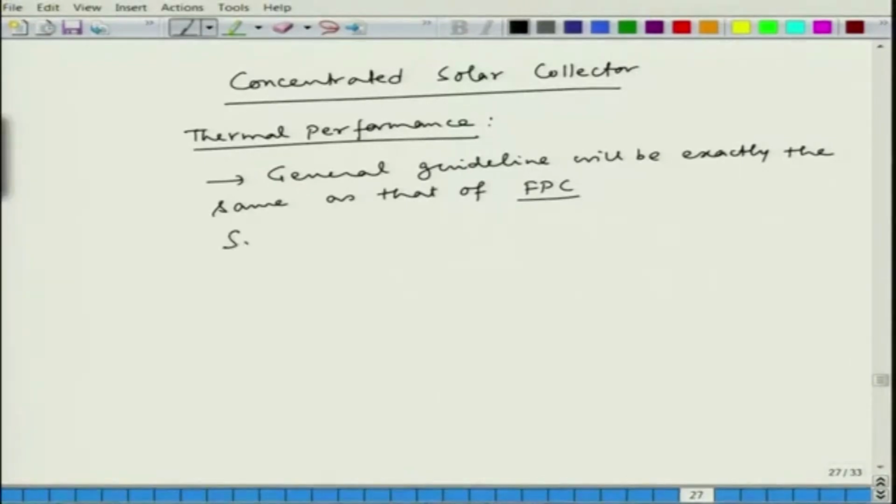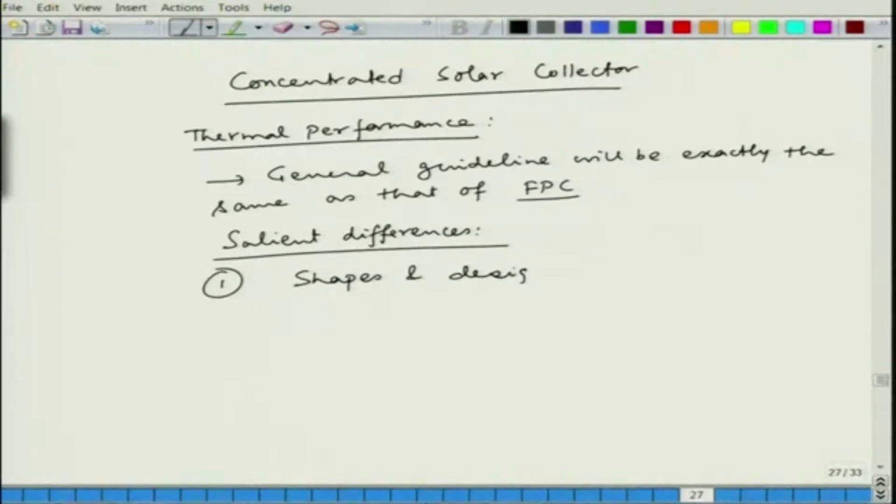So, salient differences, if we want to say, the first one is the shapes and designs are widely variable for concentrated collector.